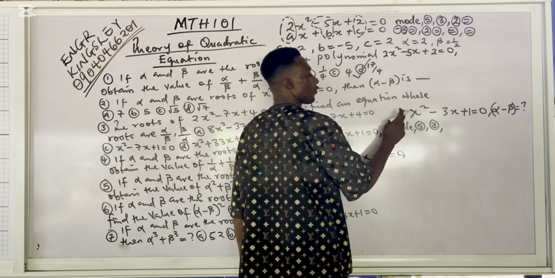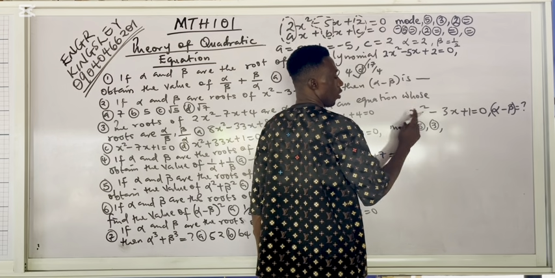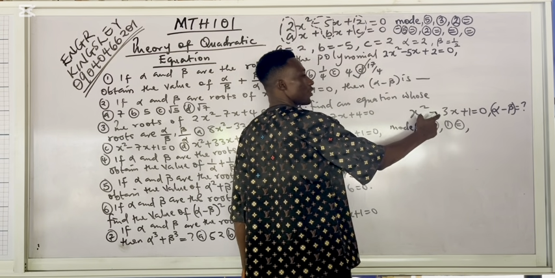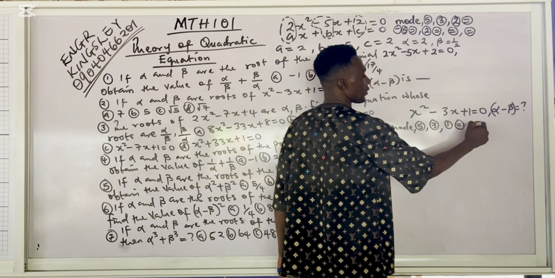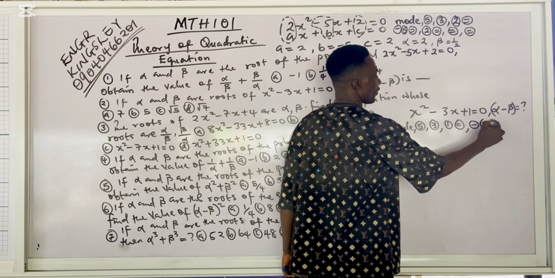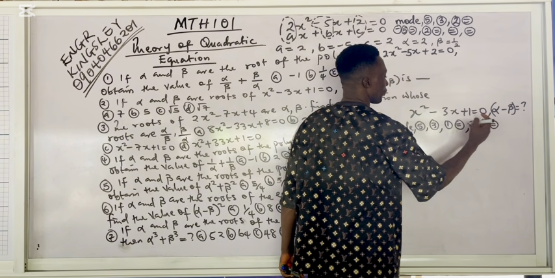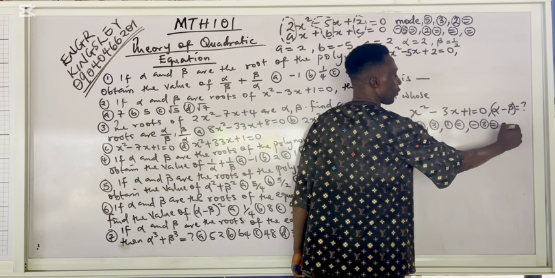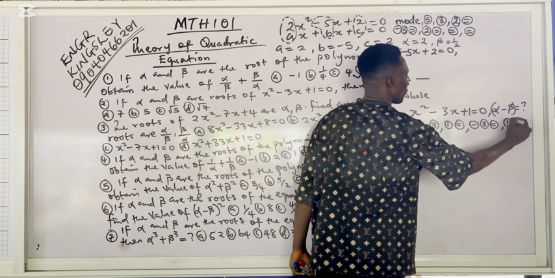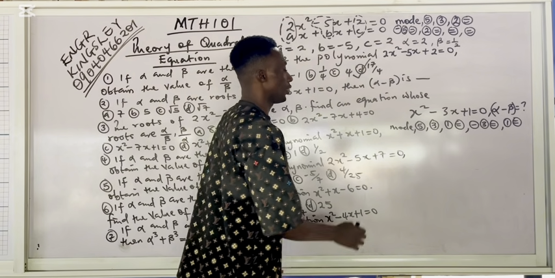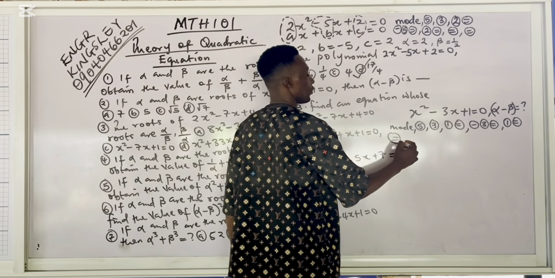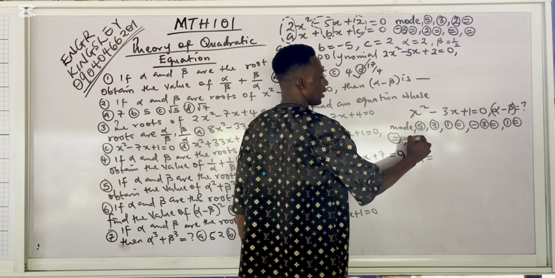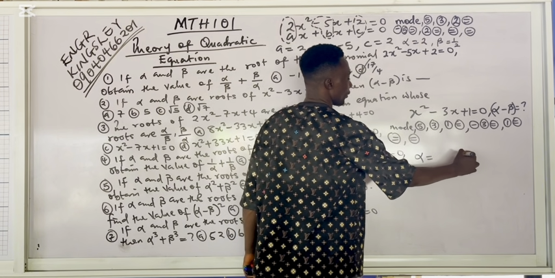The coefficient of a here is 1. You press 1, you press equal to. The coefficient of b is minus 3, you press minus 3, you press equal to. The coefficient of the constant is 1, you press 1, you press equal to. Then finally, you press the final equal to get alpha. You press the final equal to again to get beta.